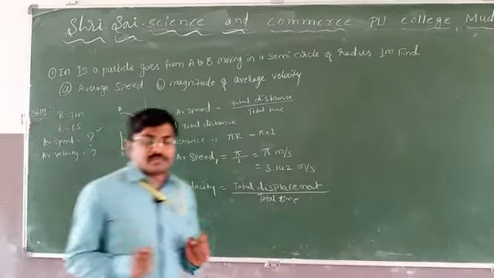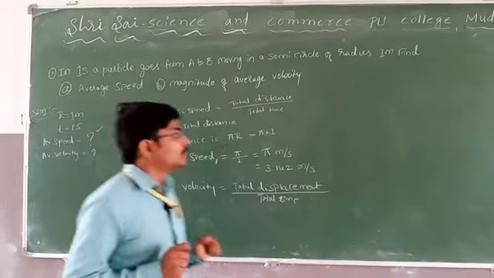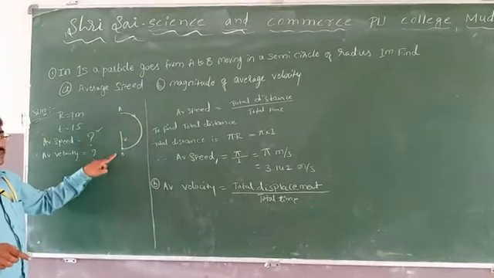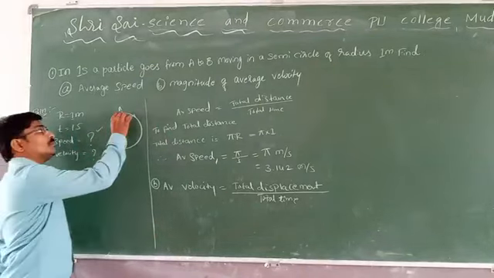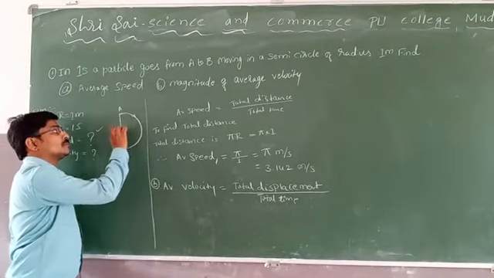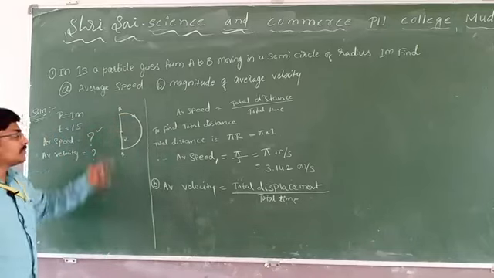See, displacement means the shortest distance between the initial and final point. Initial point is here, final point is here. The shortest distance between these two is this. AB is the shortest distance.